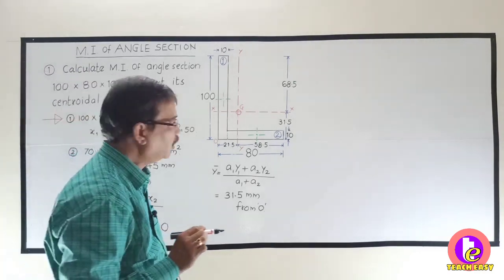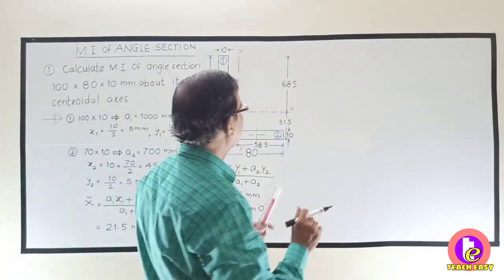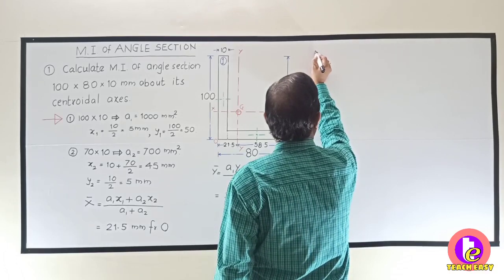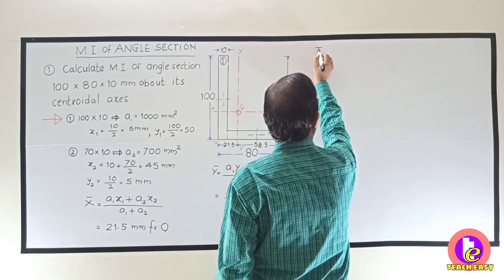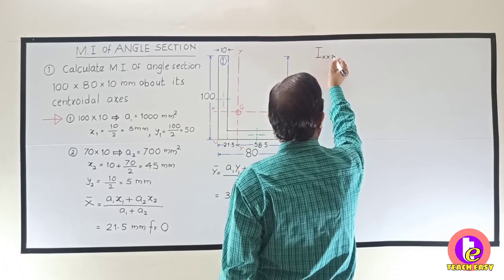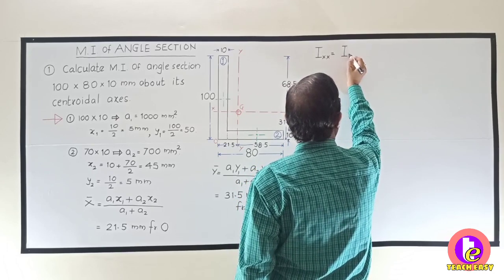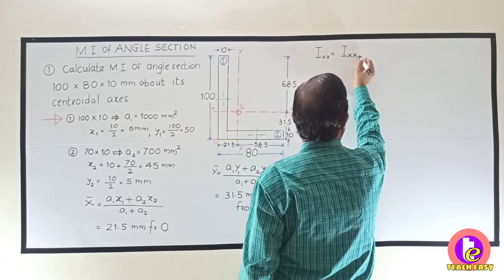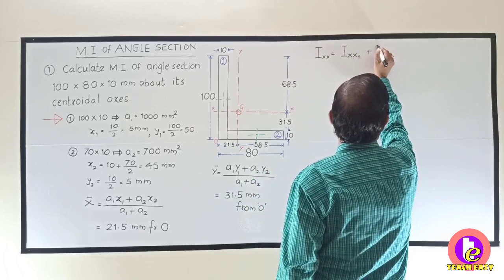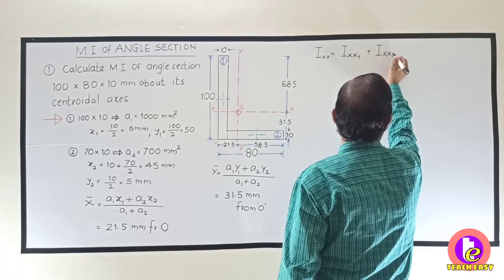So let us go for Ixx. So Ixx will be Ixx1 plus Ixx2.